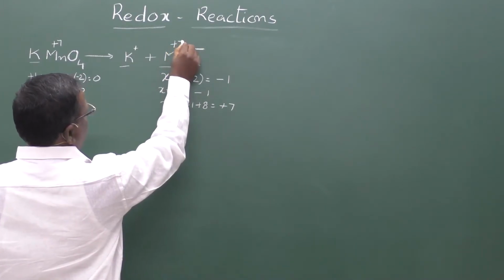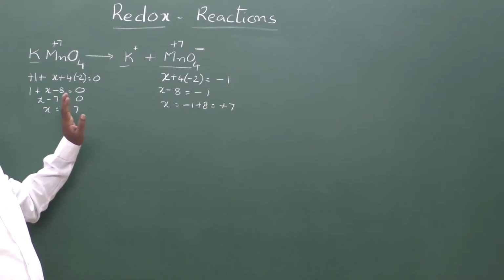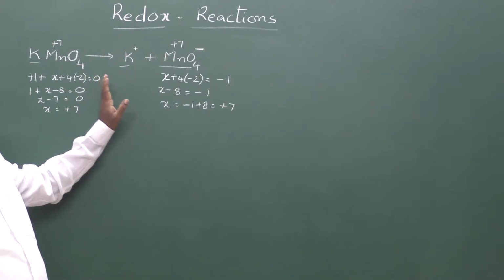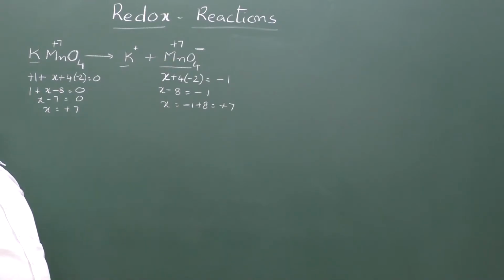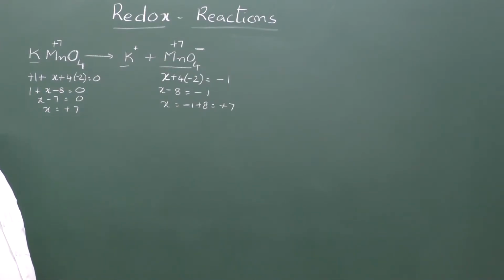So in MnO4-, the oxidation state of Mn is +7. There is no change in the oxidation state of manganese due to ionization.